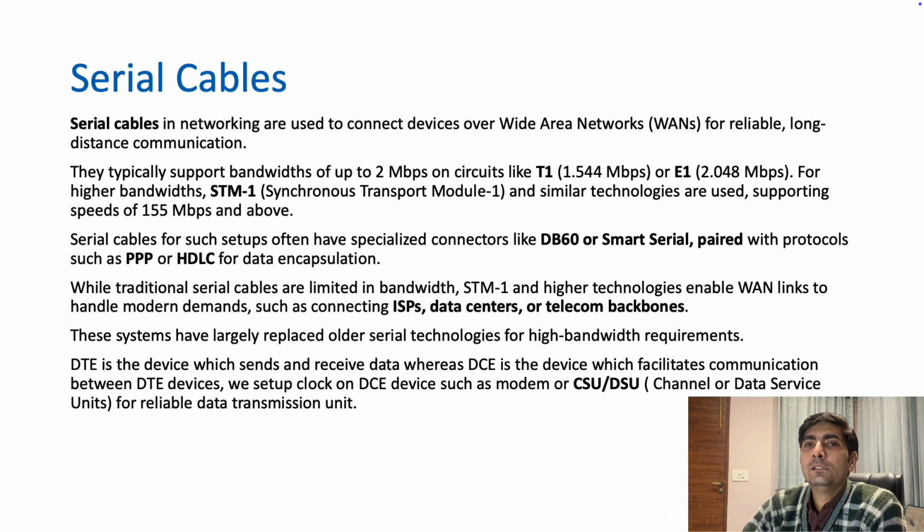So serial cables in the WAN, wide area network. So I told you these are used in the WAN and for long distance communication. Nowadays we use Ethernet based technologies, but in past we used to have cables like T1, E1, STM1 links. E1 used to have up to 2 Mbps speed only.